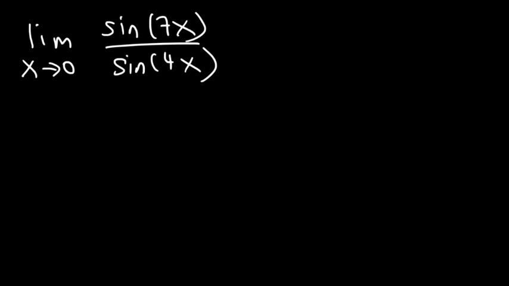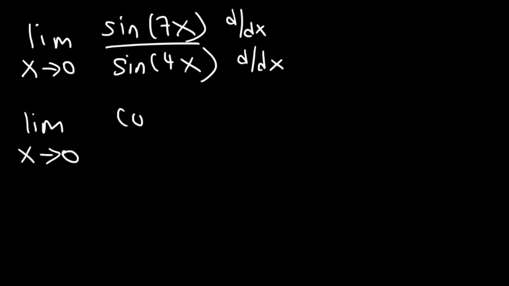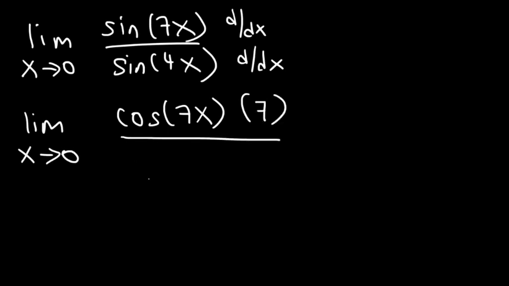So it will take 4 to 5 steps, but you can see it is also in 0 by 0 form, so I can find the derivative of the numerator as well as derivative of the denominator. So in this case, this will be limit x tends to 0, derivative of sin 7x will be cos 7x, and you have to find the derivative inside also, that is 7, divided by derivative of sin 4x will be cos 4x into derivative inside, that is 4.